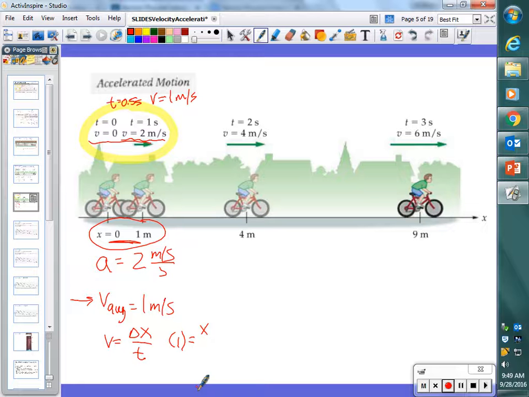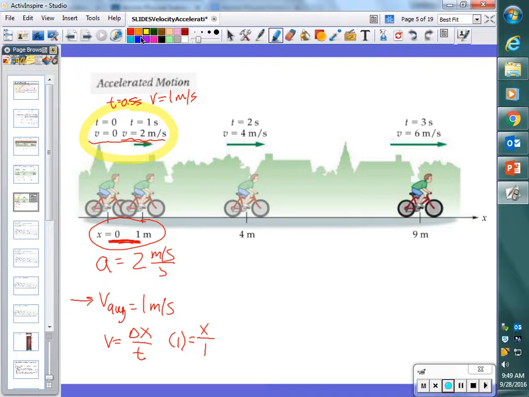Just in that section that I have circled. 1 second. Can we solve that equation for X? I hope so. So what would X be in that situation? 1. And how far did it tell us that we went during that interval? 1. Good there? Okay. That's easy. There's lots of 1s.